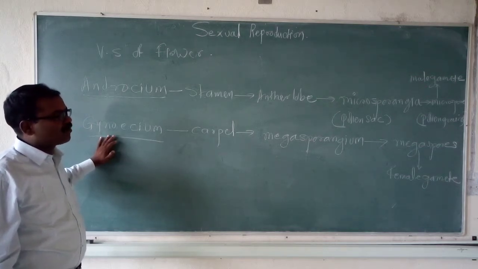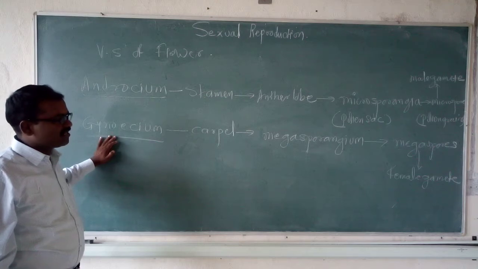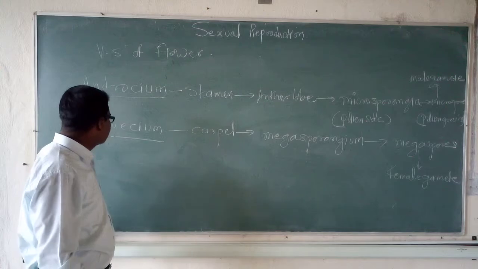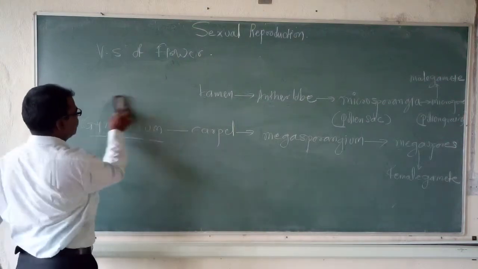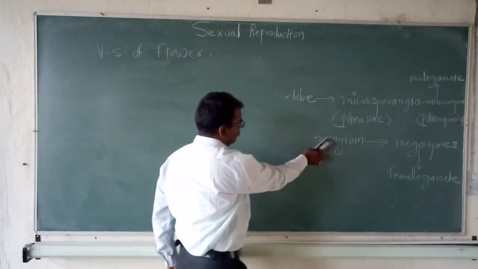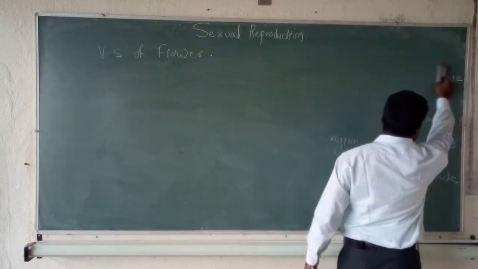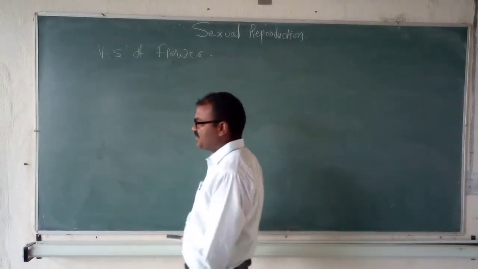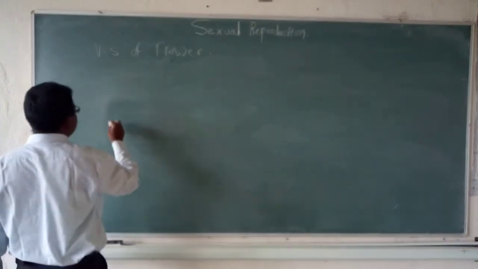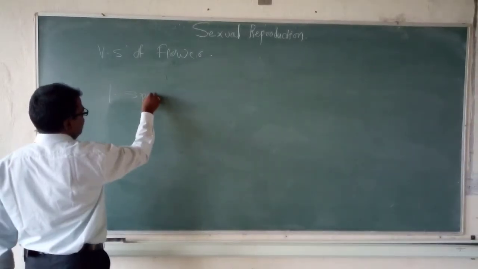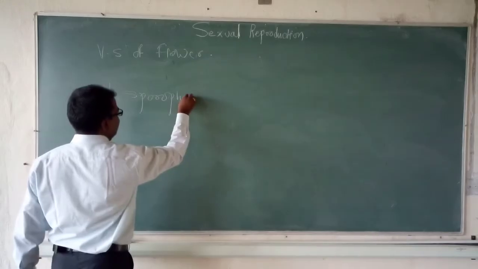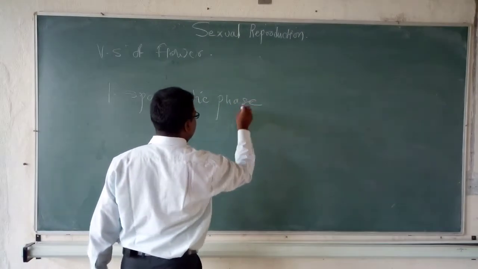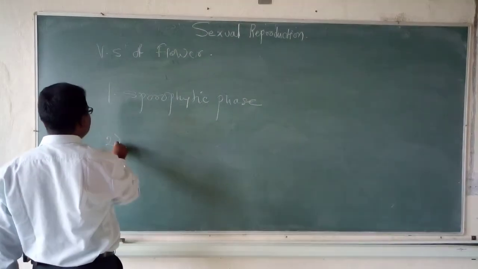In the life cycle of the plant, there are two developmental stages. The first one is the sporophytic phase and the other is the gametophytic phase.